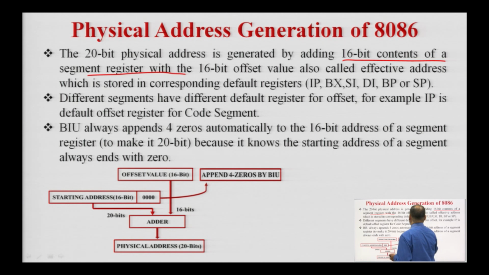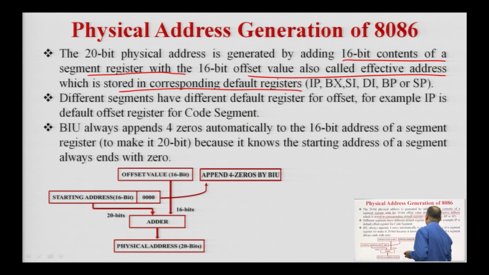Here the 16-bit offset value, also called the effective address, is stored in the corresponding default register. This offset address is stored in the instruction pointer register, the BX general purpose register, source index register, destination index register, base pointer register, and stack pointer register. These registers are used to hold the effective address or the offset address, which is 16-bit, while the segment registers are used to hold the segment address.